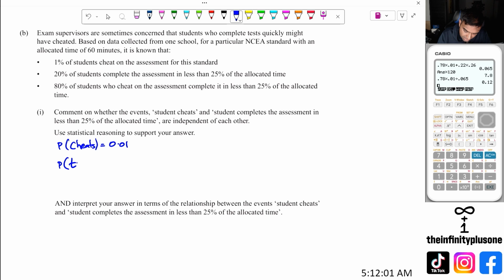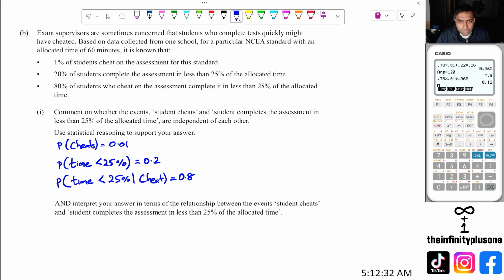So if we look at it as less than 25% of the time, that's going to be 0.2. And then finally, 80% of students who cheat on the assessment complete it in that time. So this is time less than 25, given that they cheat, is equal to 0.8.